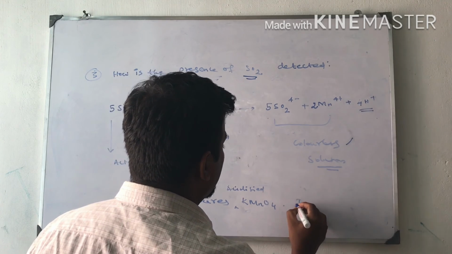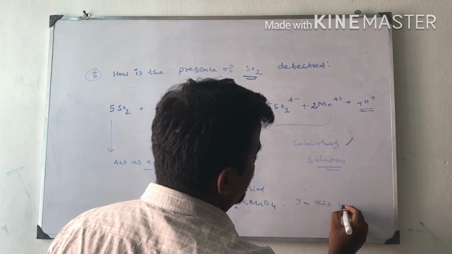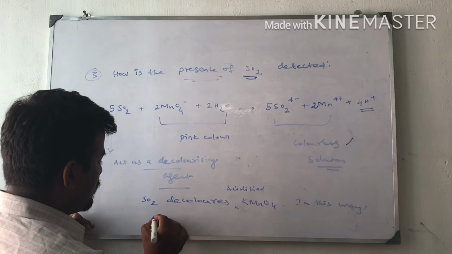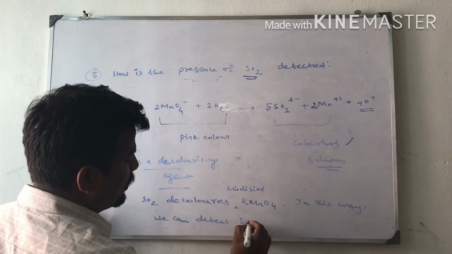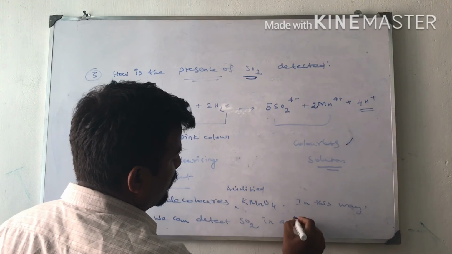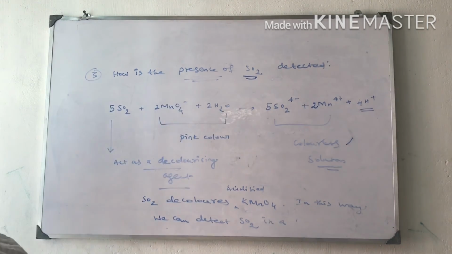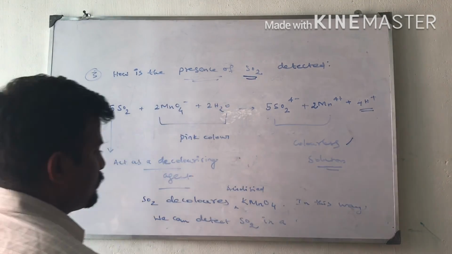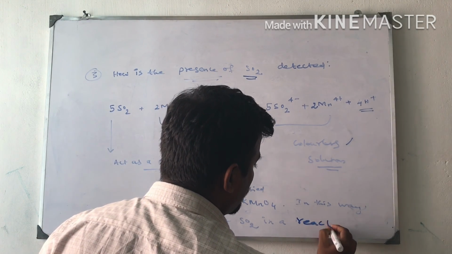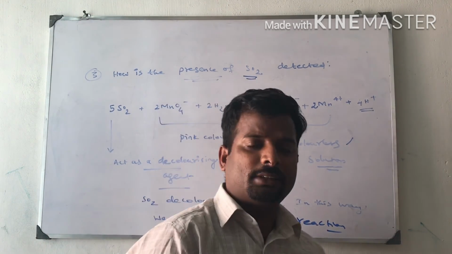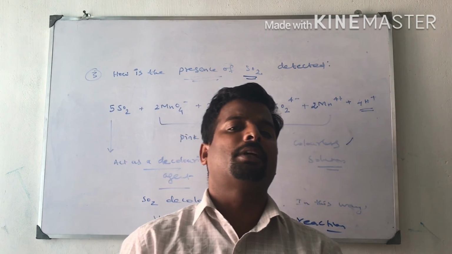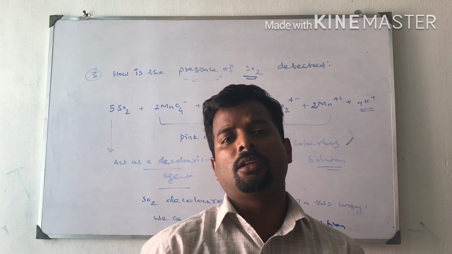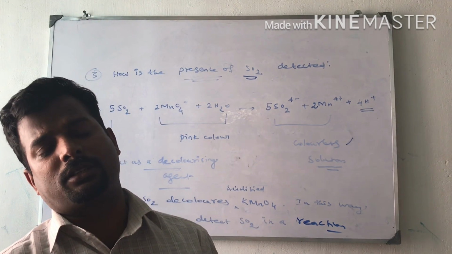So in this way we can detect it. Whenever sulfur dioxide is added to potassium permanganate, the color of potassium permanganate changes to colorless. It is the identification test for sulfur dioxide.